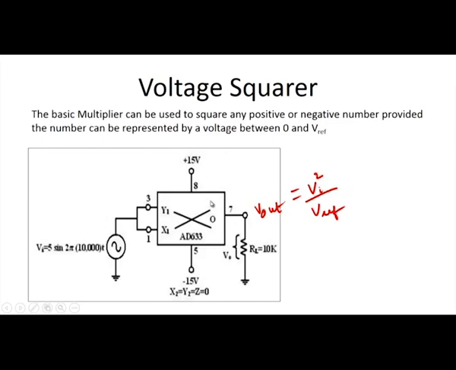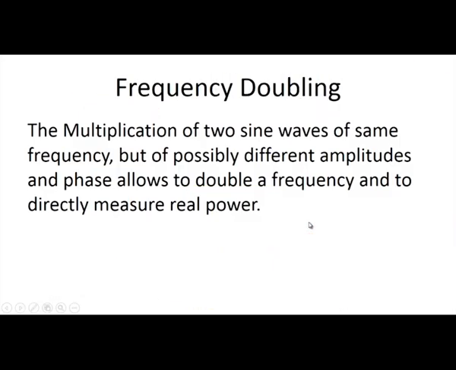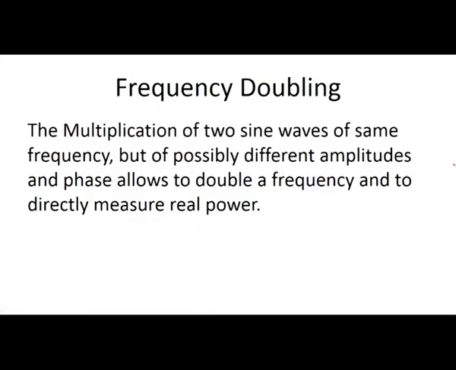So, I have just given three applications. One is the frequency doubling circuit. For this, the circuit is actually just the multiplier circuit. You have to give Vx, give Vy and take the output Vout. Vx is Vx sin omega t and Vy is Vy sin omega t plus theta.